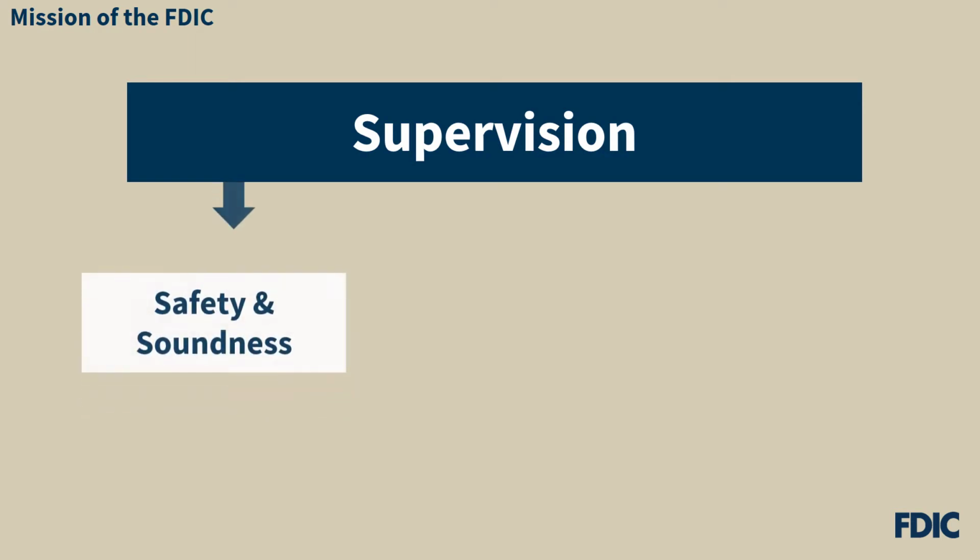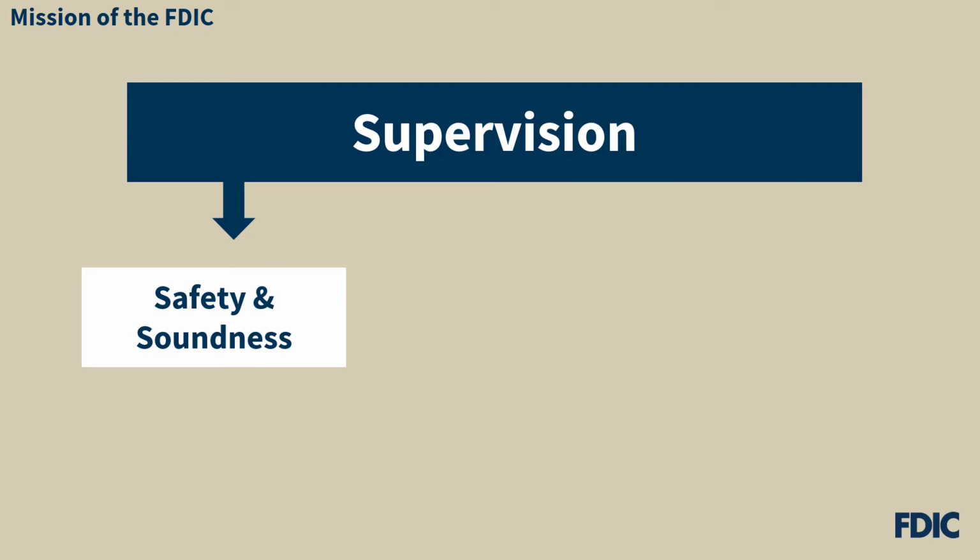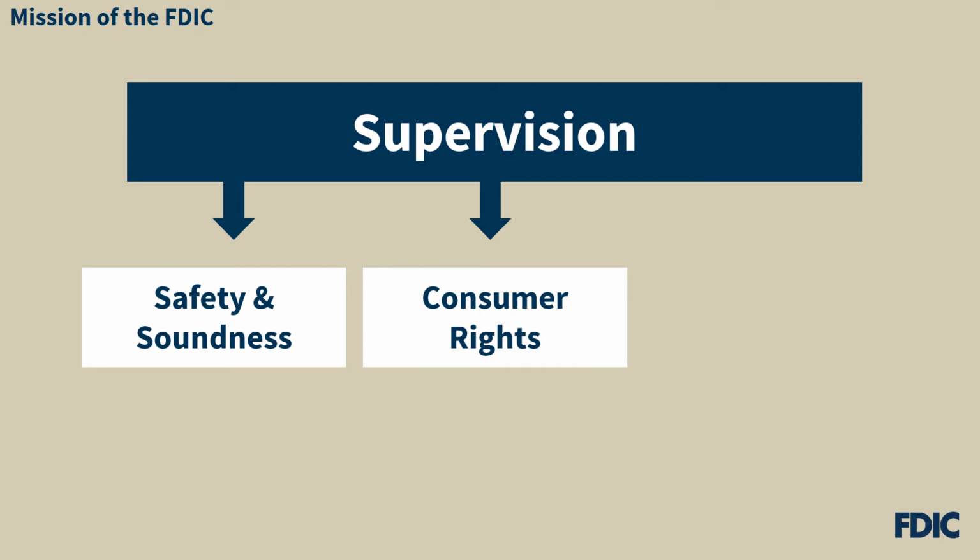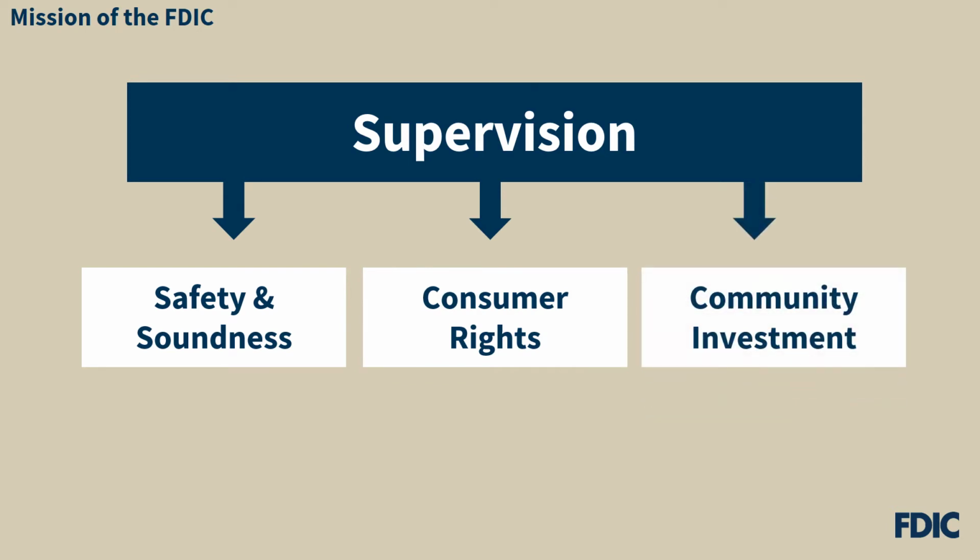One is to make certain that FDIC-insured banks are safe and sound. Another goal is to ensure that consumers' rights are protected and that banks invest in their communities. In order to carry out this part of our mission, the FDIC conducts different types of examinations of banks. We'll talk more about these examinations in a minute.